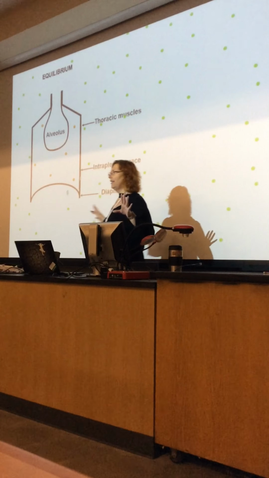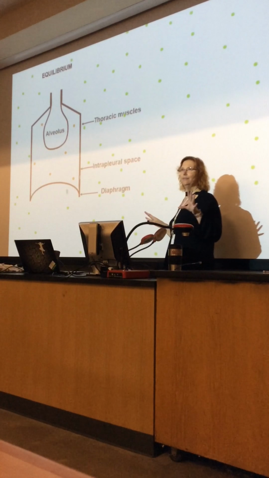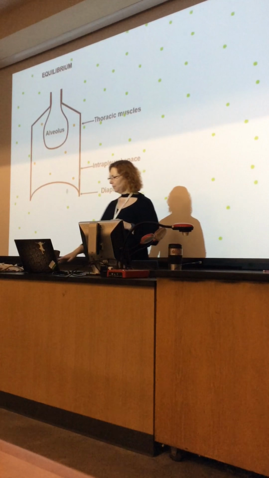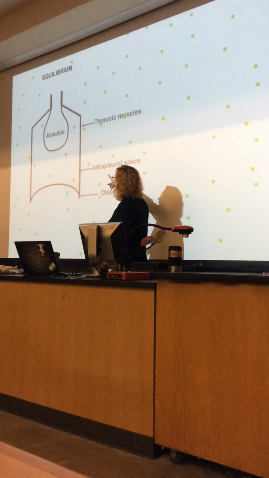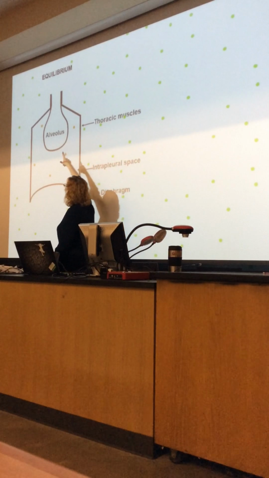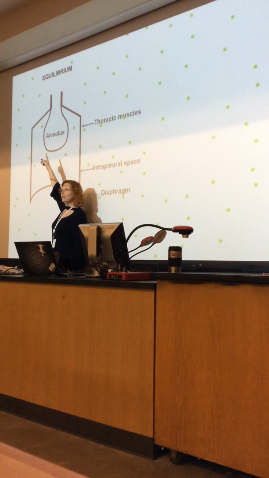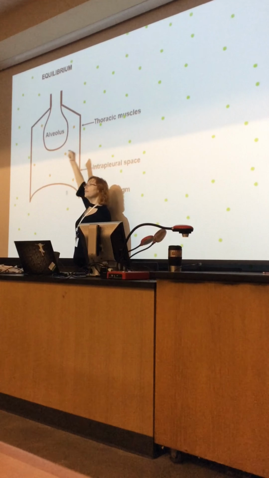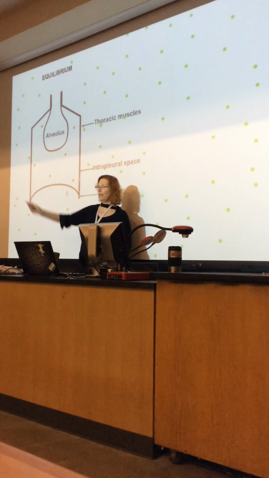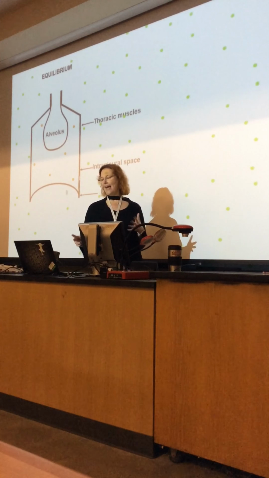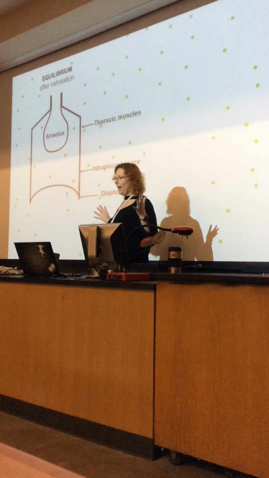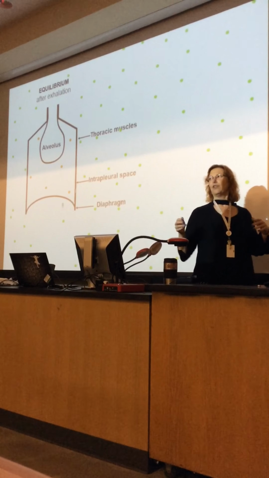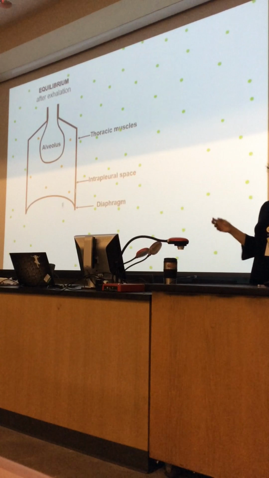So we're going to start out at equilibrium. And that means if I am at equilibrium, the pressure inside the alveolus compared to the pressure in the atmosphere is what? They're the same. They are equal. And we're going to say, just so we have some place to start, that this is the equilibrium that I've reached after I'm done exhaling.